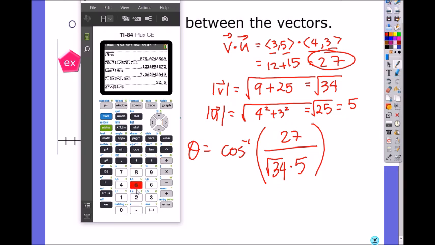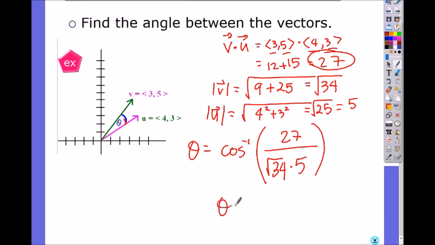If you want to divide and multiply these two, you have to put parentheses around them, but I like to do them separately like this. Then what's your final answer? You do second cosine, inverse cosine of your answer. Don't use a rounded answer, just carry over your exact answer. So your theta equals 22.166 degrees.